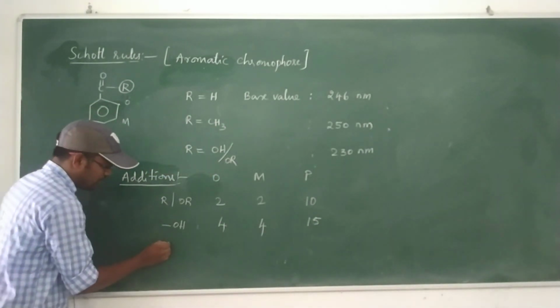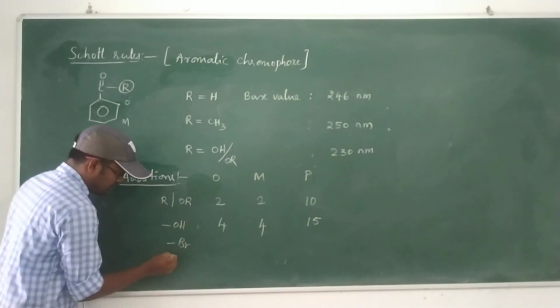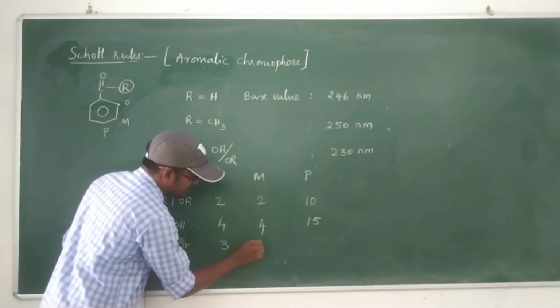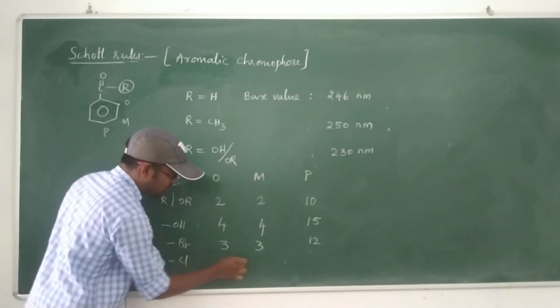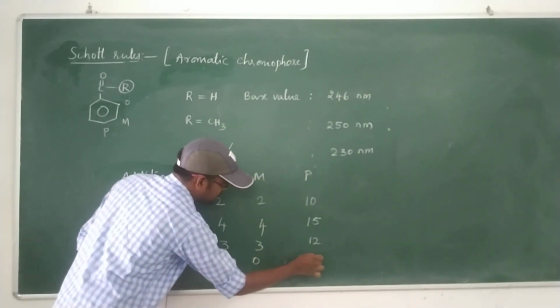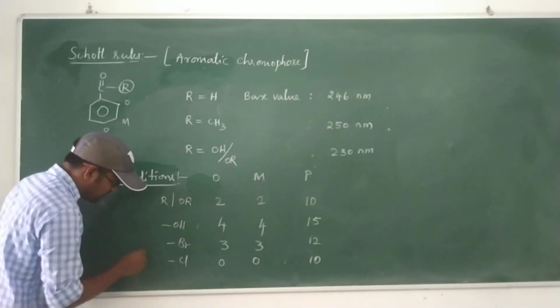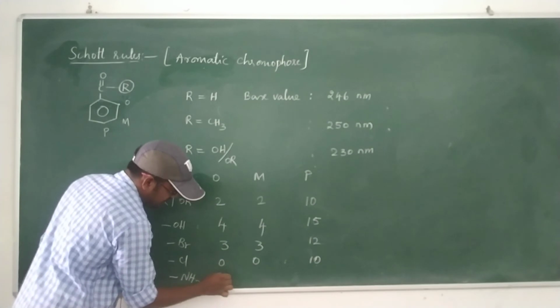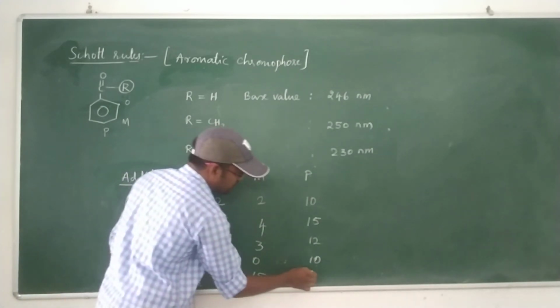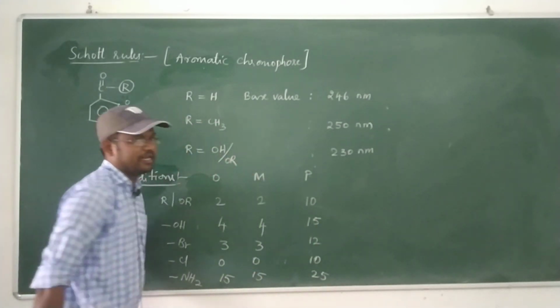Next, bromine: 2, 2, 15. Chlorine: 0, 0, 10. And finally NH2: 13, 13, 58. These are additions.